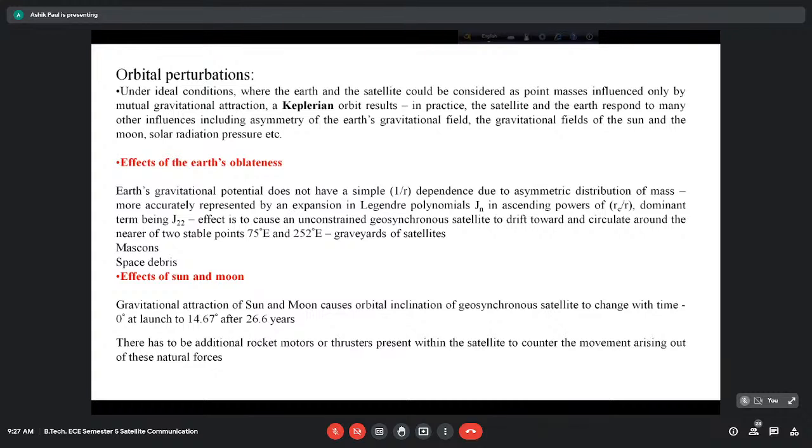There are no other additional forces or additional factors to take into account. But actually, the satellite and the Earth, this kind of two-body system, it's not a two-body system only. That's the point. There are other factors which do influence the movement as well as the operation of a geostationary or a geosynchronous satellite when placed in orbit.